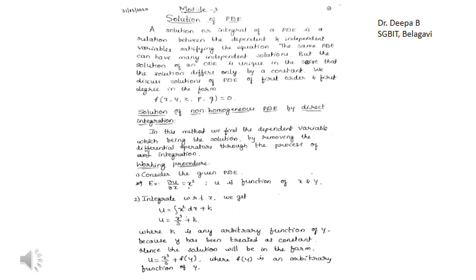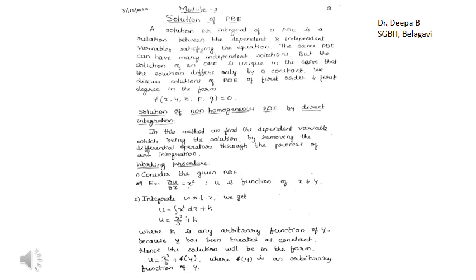Suppose you take a simple quadratic equation. If you find the roots of that equation and substitute them in the equation, it should be satisfied. Similarly here, the solution of a PDE is the relation between dependent and independent variables which satisfies the given PDE.